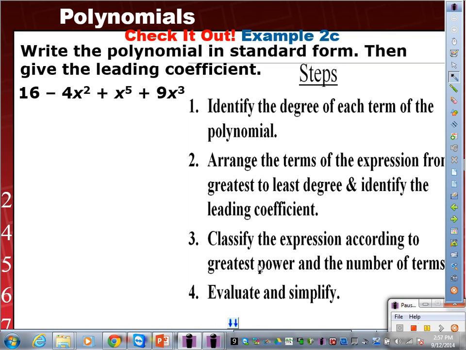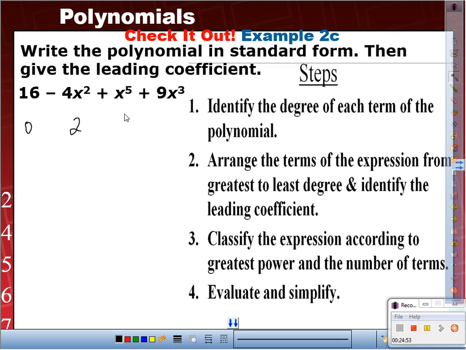Okay, here we go. So first step, you need to identify the degree. This one is 0. This one is 2. This one is 5. This one is 3. So far, so good? Okay? So, which is the greatest degree? The fifth. So I start with x to the fifth. What's my next one? 9x cubed.